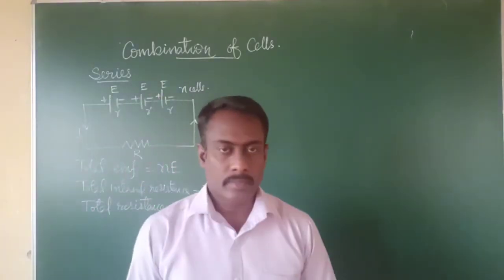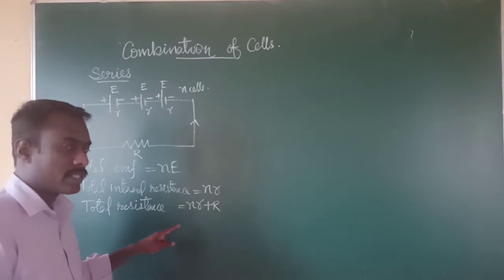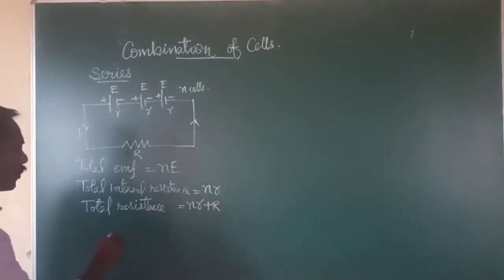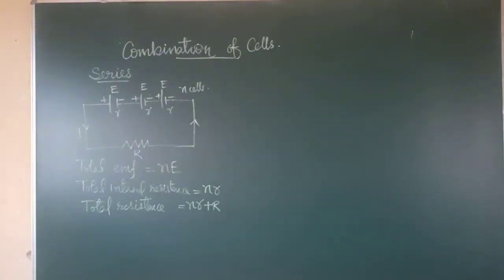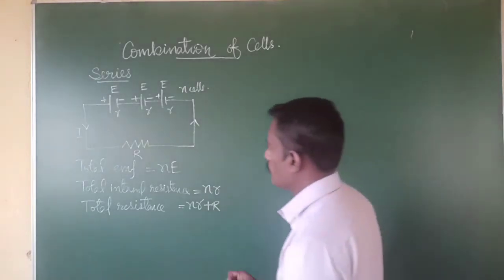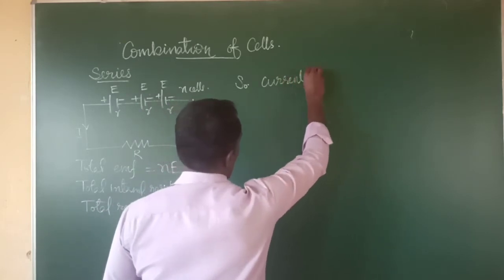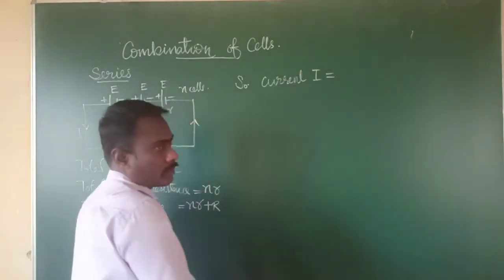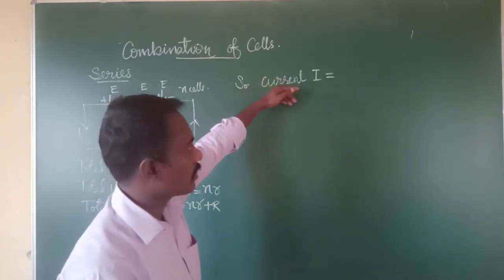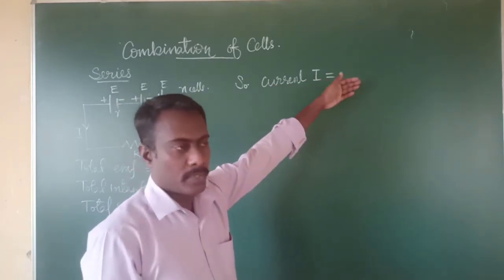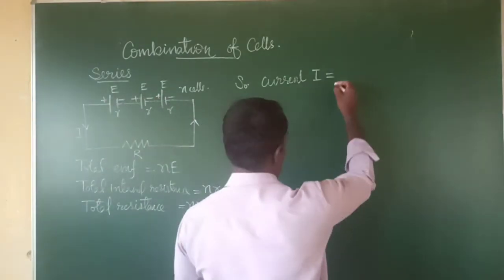Now, if we have the value of the total EMF and the total resistance of the circuit, the current flowing through the circuit can be found. So current I is equal to, from the equation that we derived in the previous session, the total EMF of the cells divided by the total resistance of the circuit.